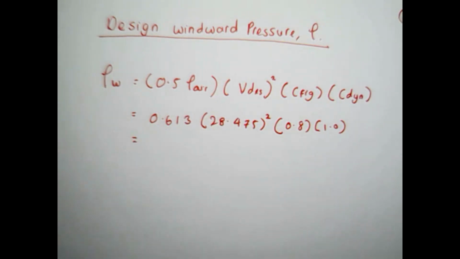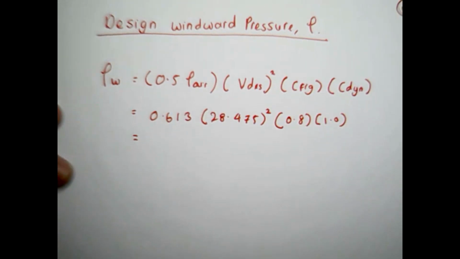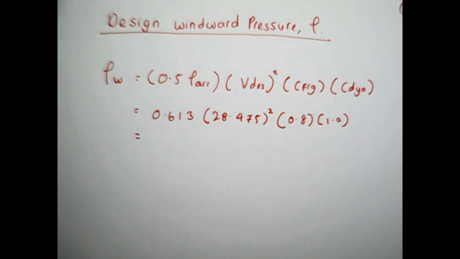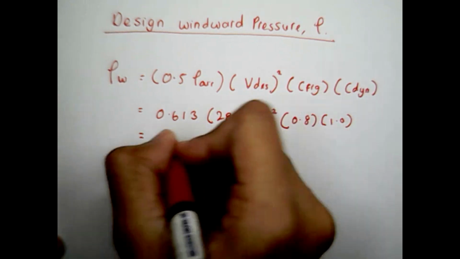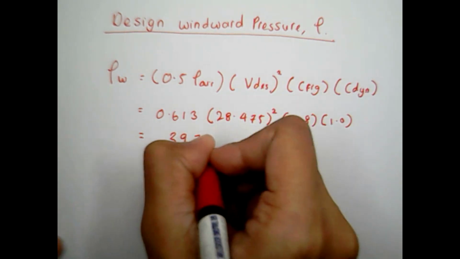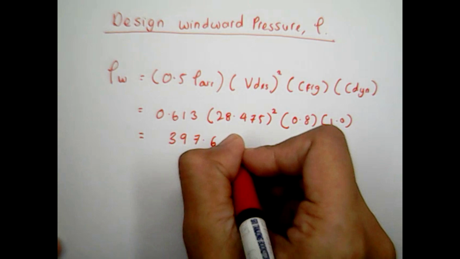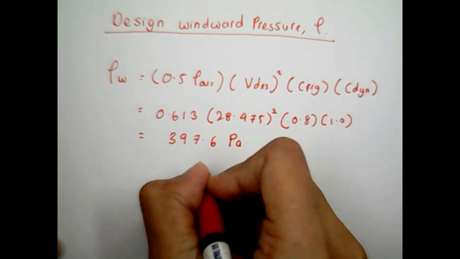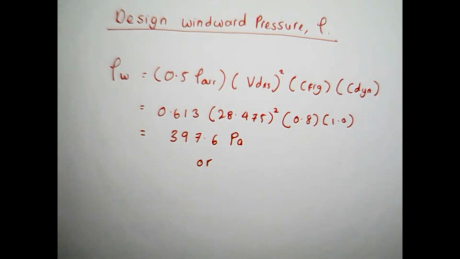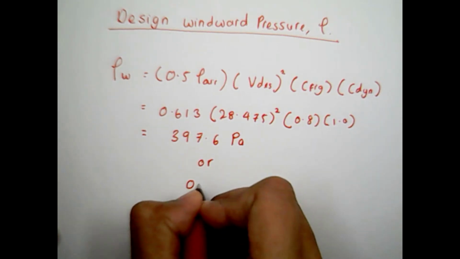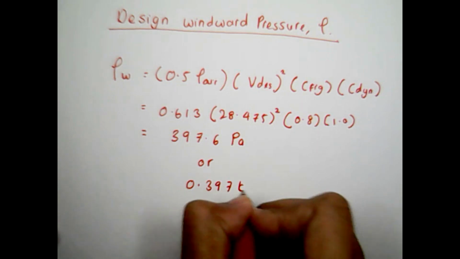So now you calculate this. What did you get? 0.613 times 28.475 squared times 0.8 times 1. So you get 397.6 Pascal, or divided by 1000, you get 0.397 kilopascal.